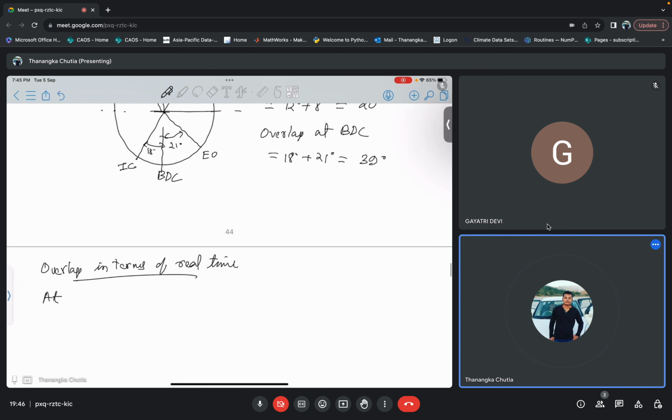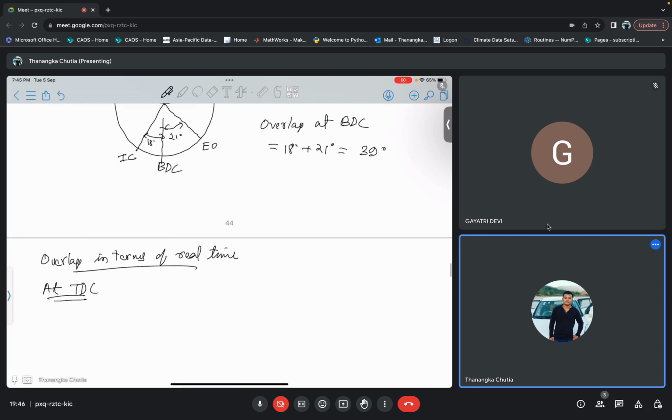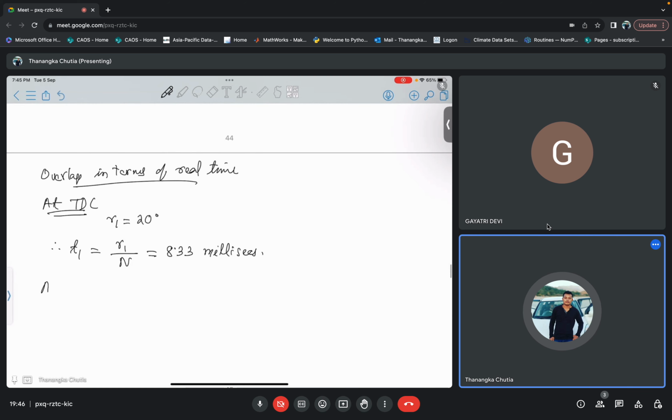At TDC, R1 is equal to 20 degree, so T1 is equal to R1 divided by N. Put all these values, you will get 8.33 milliseconds. Similarly at BDC, your R2 is equal to 39 degree, so T2 is equal to R2 by N, and you will get 16.5 milliseconds. So a very simple question.